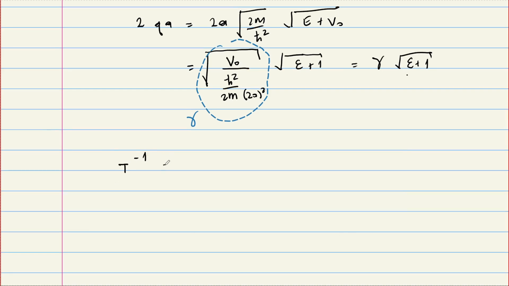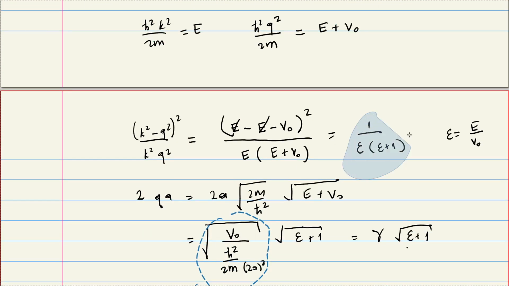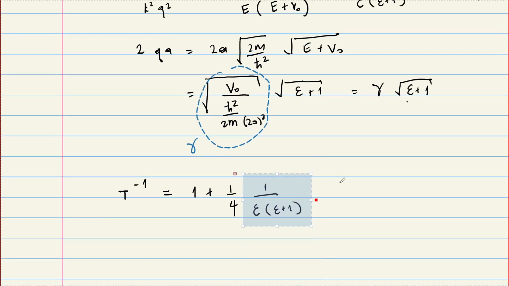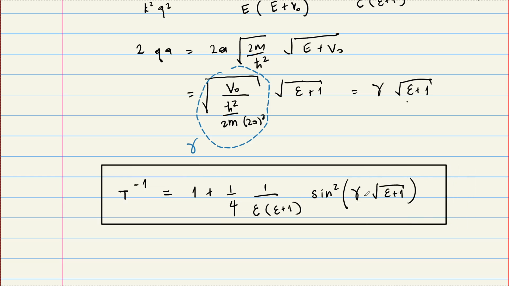So this T inverse is equal to 1 plus 1 over 4, I have this vector, and I have sine squared gamma root epsilon plus 1. And now I can sketch this, right? I can choose gamma and look at the transmission as a function of energy, and that's it. Good? Let me check if I missed anything. I think this seems to be correct, but let's sketch and see.